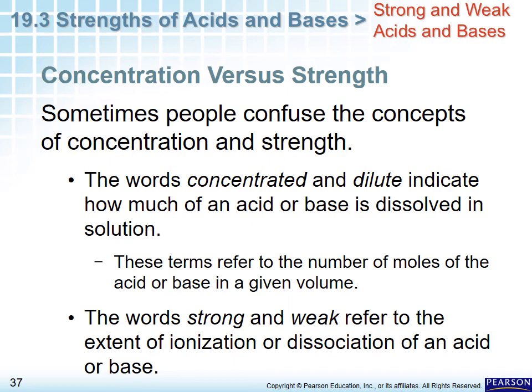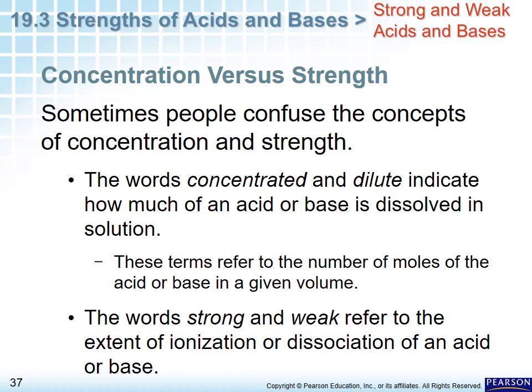The same thing happens with a weak acid. If I take 1 mole of ethanoic acid and put it in 1 liter of water, and then I take 5 moles of ethanoic acid and put it into 1 liter of water, which one is going to be concentrated, and which one dilute?